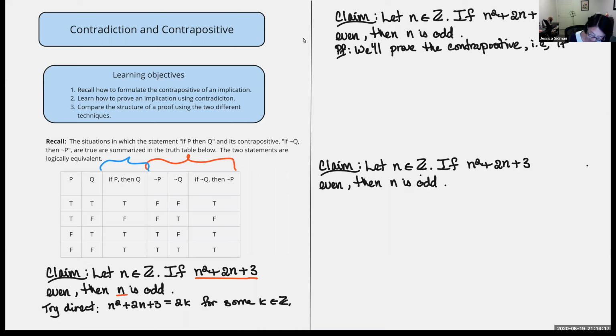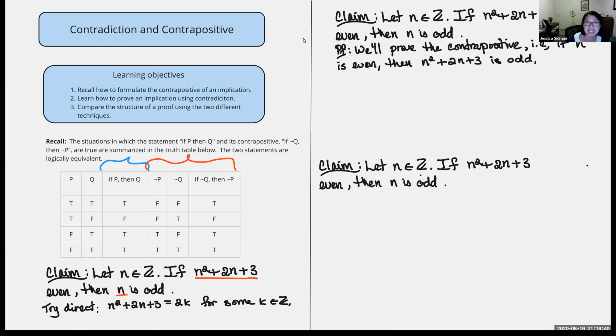if, and so I've got to do the negation, excuse me, of the conclusion. So if n is even, then n squared plus 2n plus 3 is odd.